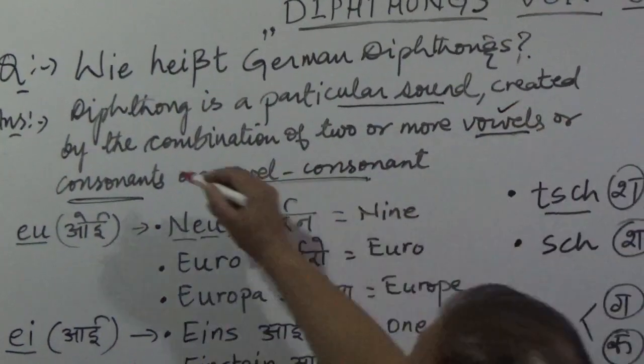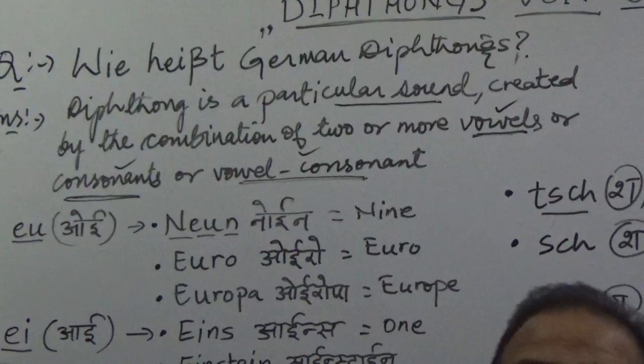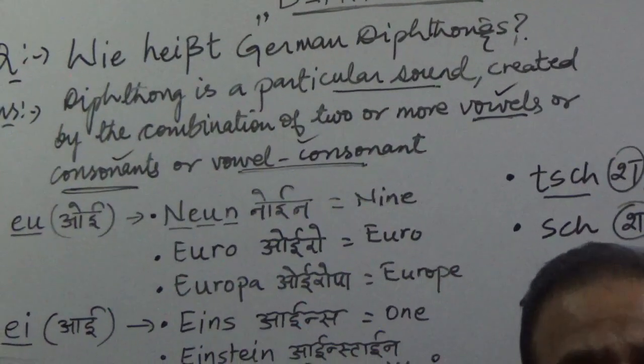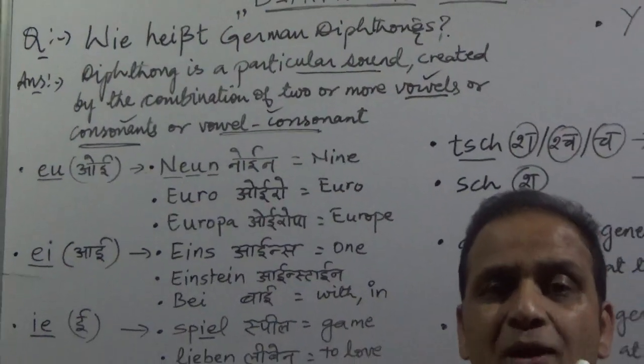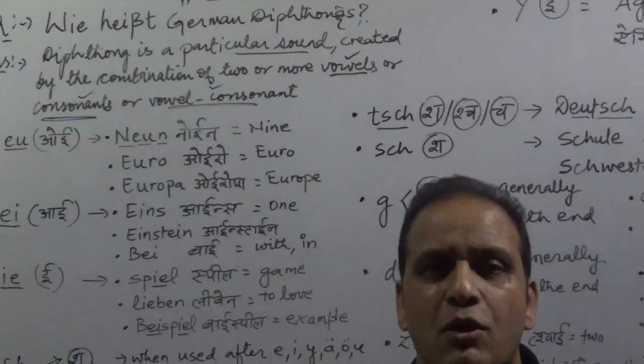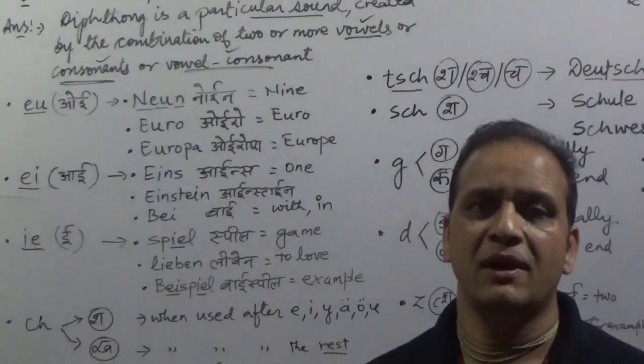So when two or more vowels or consonants together give rise to a particular sound, that sound is called a diphthong.